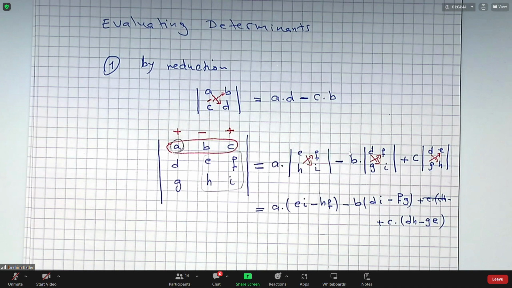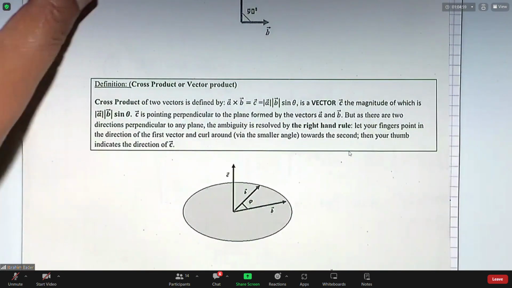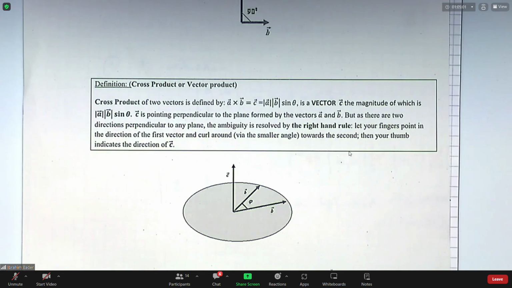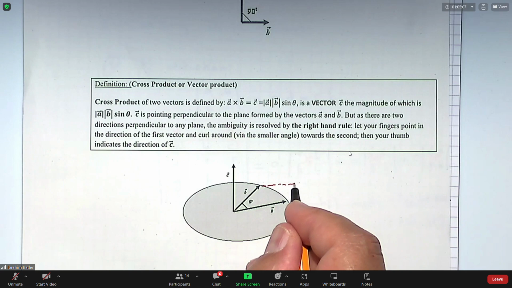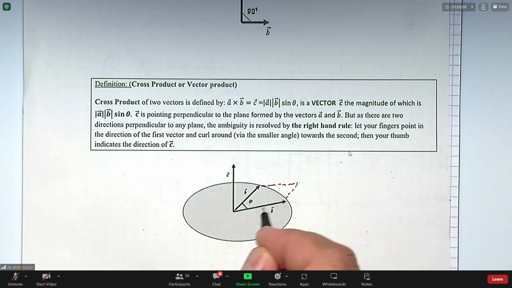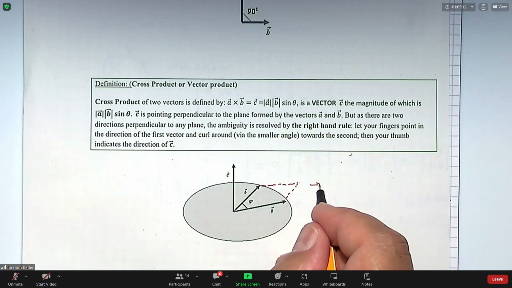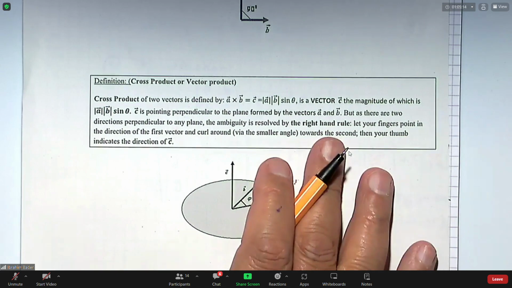A, B, C. Okay. So now, as you see here, with these two vectors, we can span something that we call the parallelogram. I hope you can see it here.